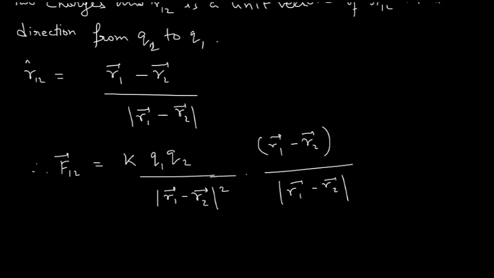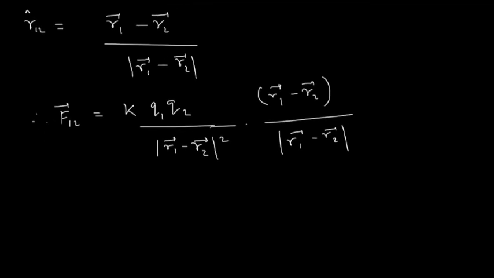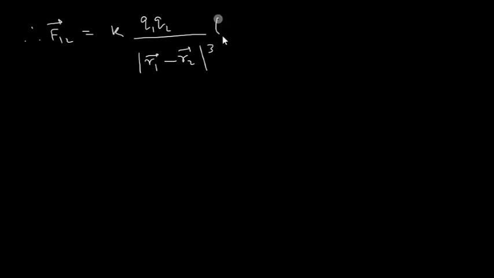Therefore, F12 is equal to K Q1 Q2 upon modulus cube of r1 minus r2, times r1 minus r2.